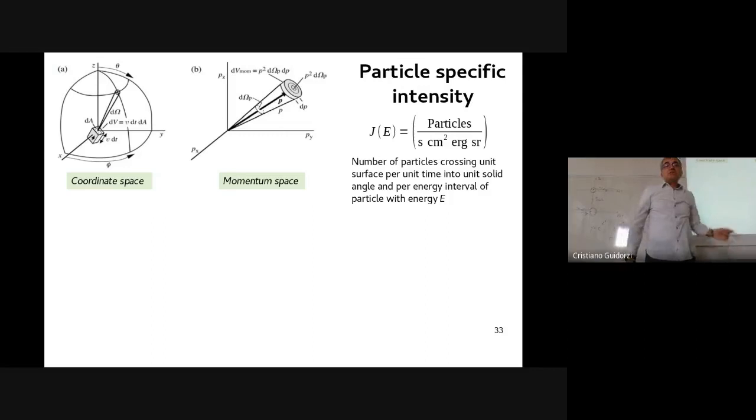So by definition, the particle specific intensity is just the number of particles per unit surface, so over the surface, coming out of the surface, over the time interval, so per unit time, over the solid angle, so per unit steradian, and per erg, which means you take just particles having an energy within a given interval of energy, between E and E plus dE.